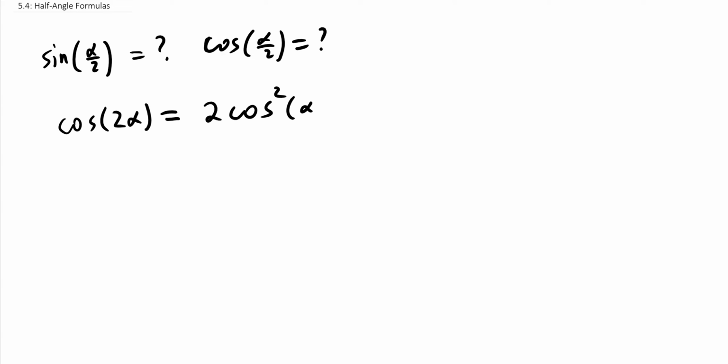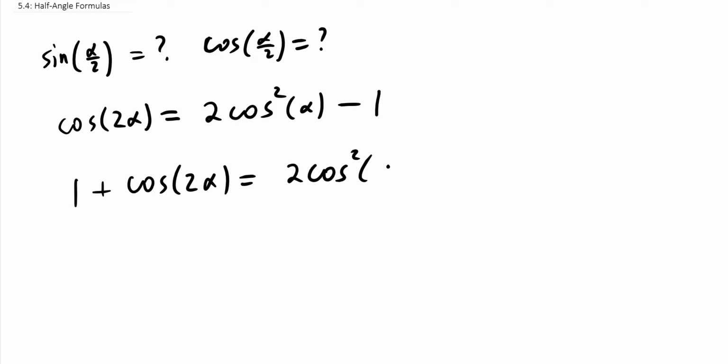Let's start with the first one, recalling it: cosine 2 alpha equals 2 cosine square alpha minus 1. I'm going to derive a formula for cosine alpha over 2. I can add 1 to both sides of this equation and rewrite it.